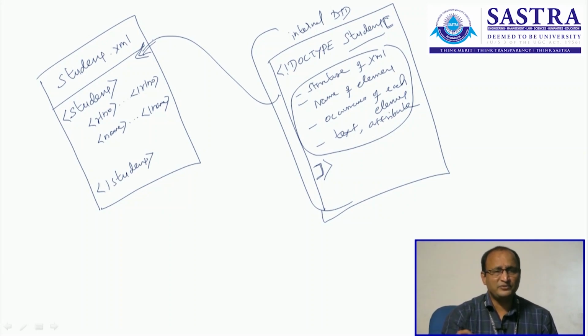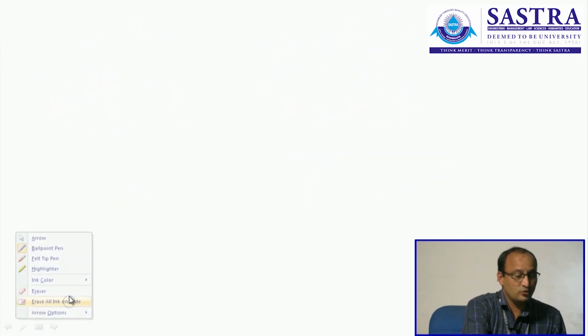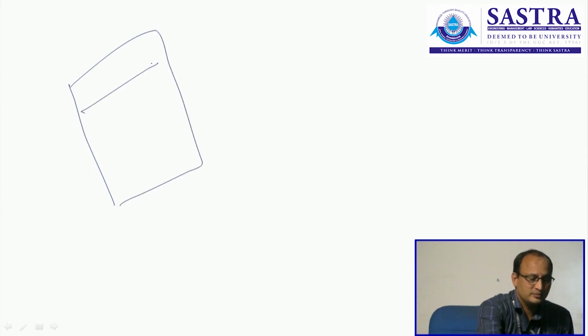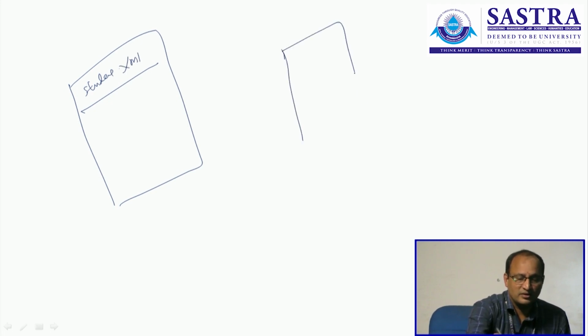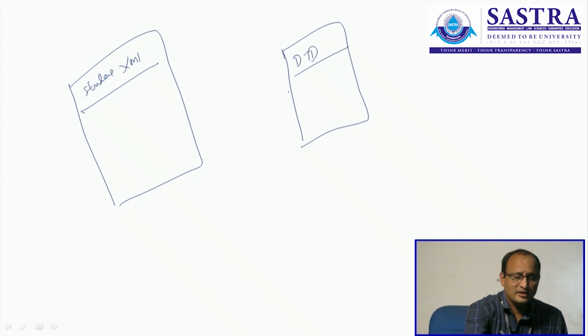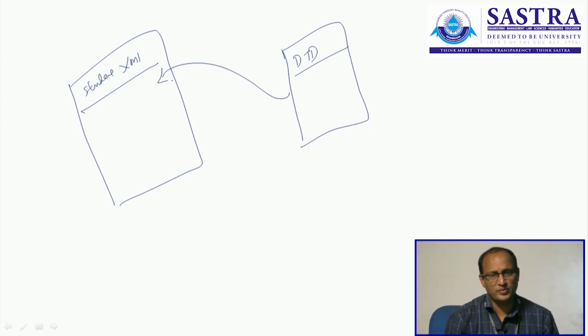Suppose it is an external DTD. This is the XML document student.xml, and we have to create a separate DTD file as an external file. This file can be associated with this XML document. This is called association.